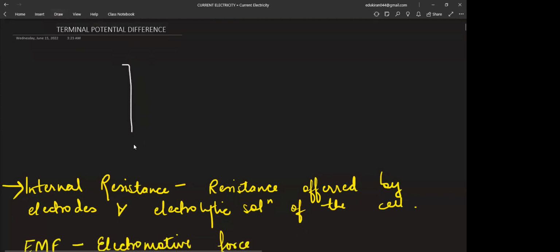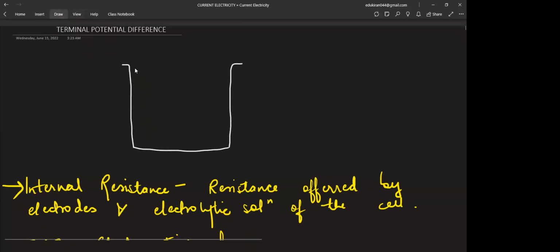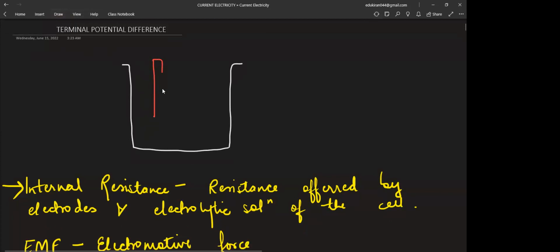Look, what is meant by internal resistance first? Suppose this is the inside of a battery and we have electrodes present. These are the electrodes.